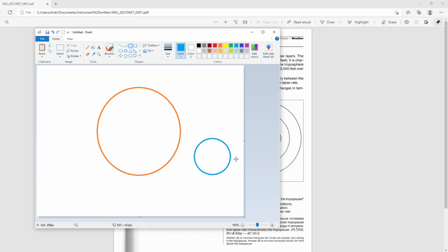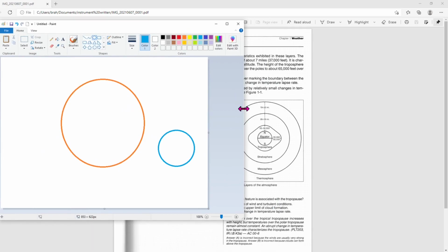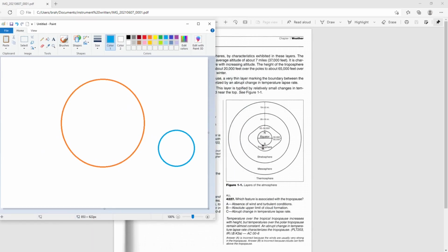One of the things that is important to understand here is that there are diagrams that show the Earth as kind of face straight up, but in actuality, the Earth is tilted, right? So I just want to draw this. We might as well take care of two birds with one stone here.